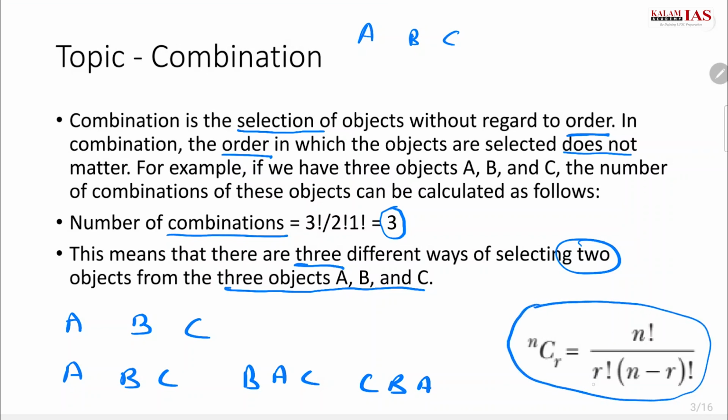This is n factorial divided by r factorial times (n minus r) factorial. C is combination, n is the number of distinct objects, and r is the number of objects we have to pick at a time. Application of the formula and proper understanding we will see from the questions.